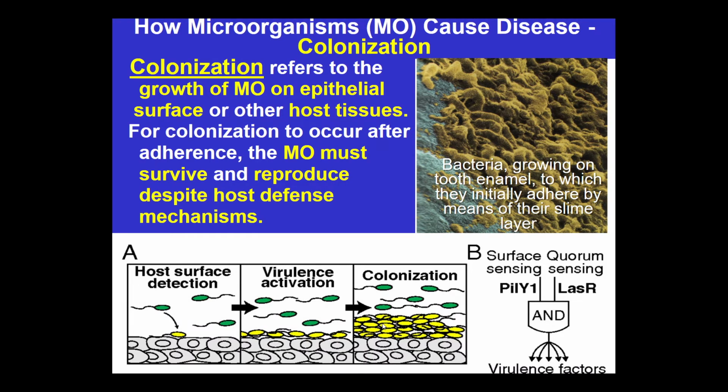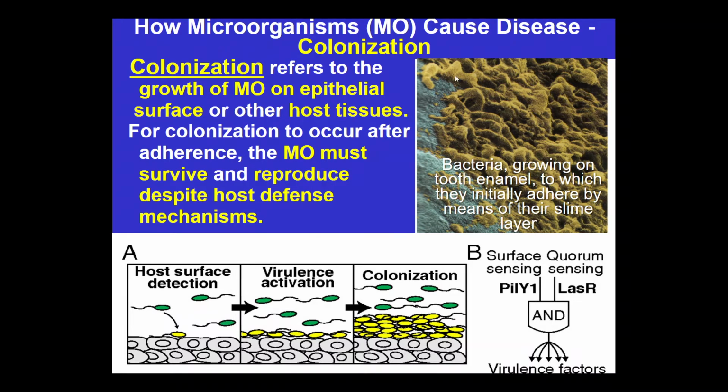And the third step of this process is colonization. It means not only a monolayer of bacteria, but you see many layers that form the biofilm, a colony on the surface of this epithelial lining that you see in the slide.